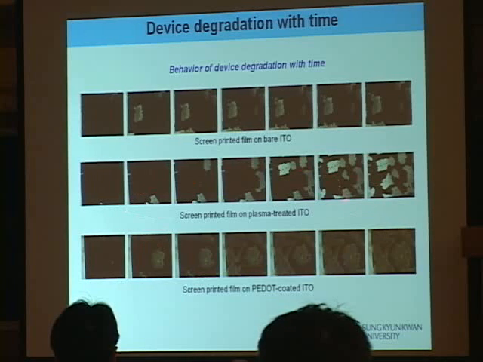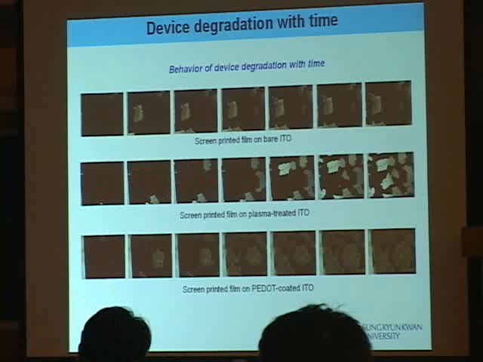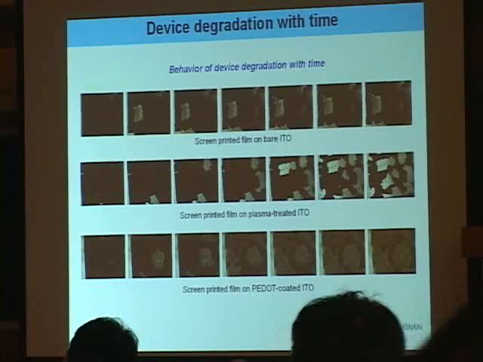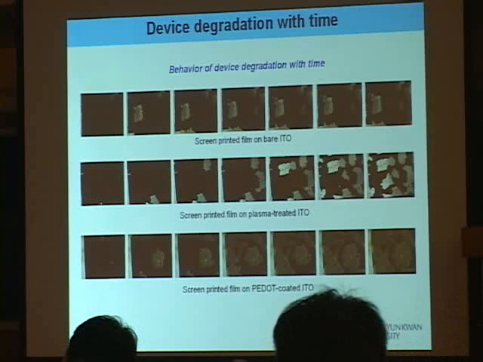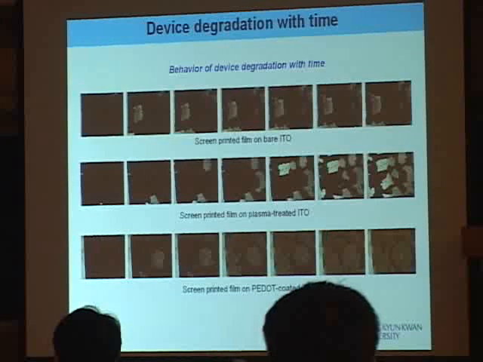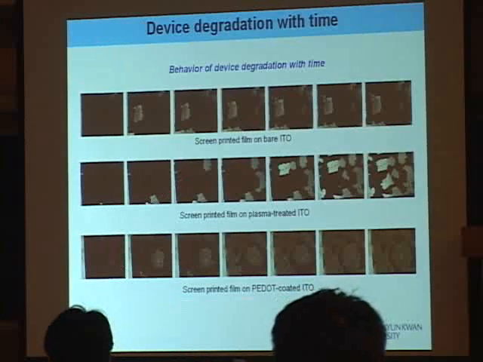But if you make the OLED using plasma treated ITO, then there are no pinholes. So if you drive current and operate the device, then the organic films get degraded as time goes on, and the killed area gets bigger and bigger. And it's the same thing for the screen printed film on P-dot coated ITO.